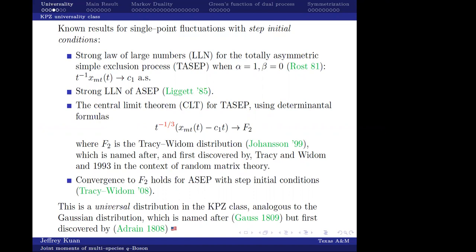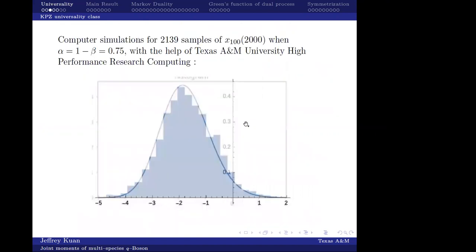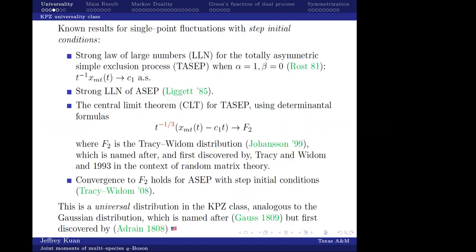And then for generic initial conditions, it's not really clear that the limiting distribution is as nice as this one. I can plot that Tracy-Widom distribution, but if you take arbitrary initial conditions, it's not really clear what this distribution would be.